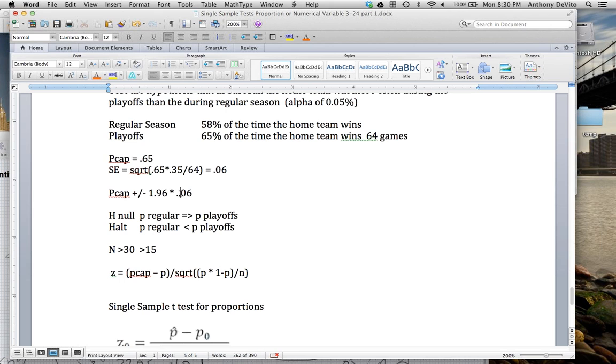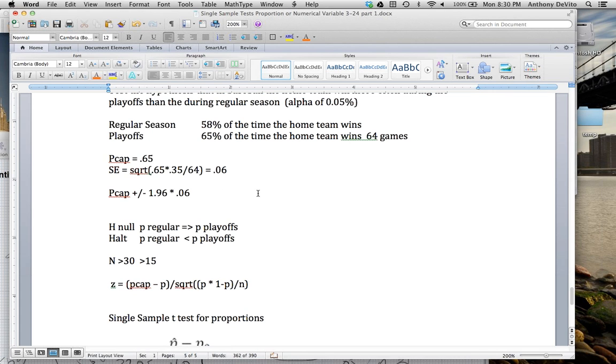Okay, see, now I'm multiplying my error. When I multiply this times this, it's making my rounding error bigger. But I'm just going to do 2 times 0.06. So it's going to be my P cap, which is 0.65, minus 0.12, which is equal to 0.53.